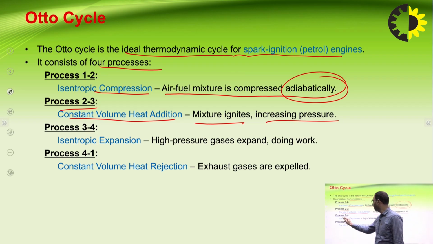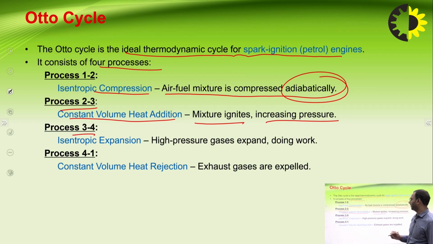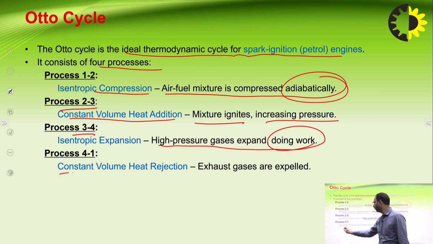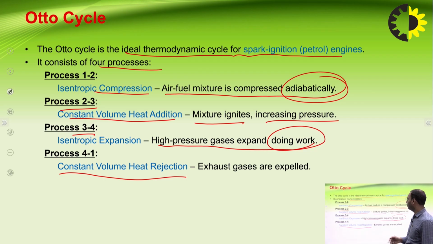Then process 3 to 4, isentropic expansion, means high pressure gases expand doing work at constant entropy. Then process 4 to 1, the last process, constant volume heat rejection. Here exhaust gases are expelled at constant volume. So these are the 4 processes of Otto cycle.